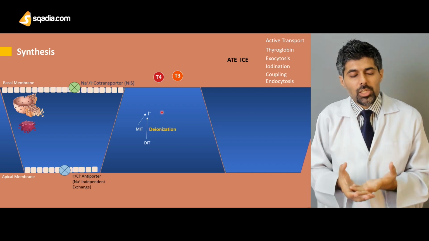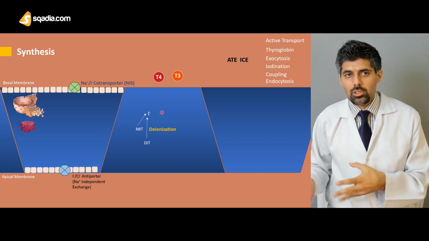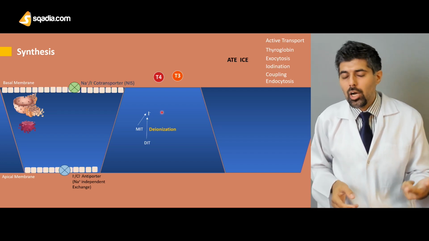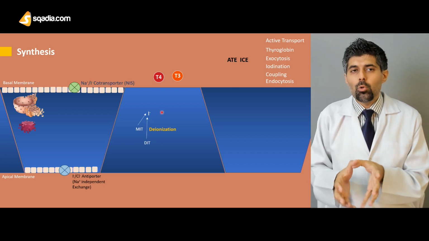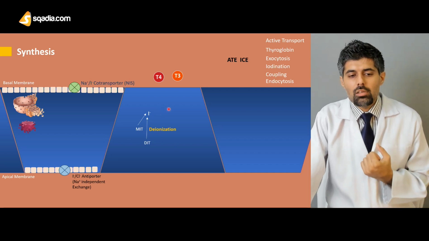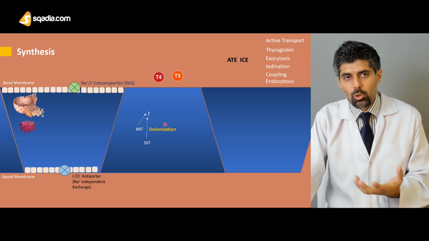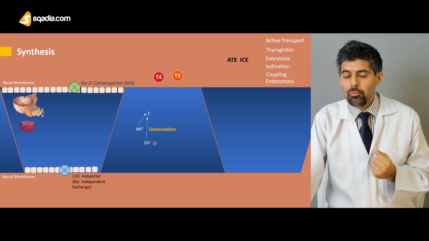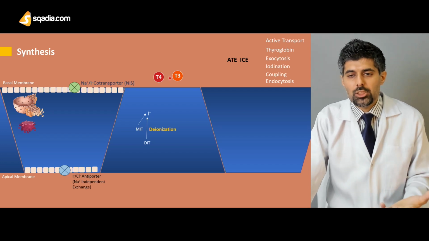Because of the coupling, we get a variety of different iodine products, a total of 4: mono, di, tri, and tetraiodothyronine. And when T3 and T4 are formed, they are then endocytosed into the follicle again, into the colloid, where both the mono and diiodothyronine remain, while T3 and T4 move into the bloodstream.